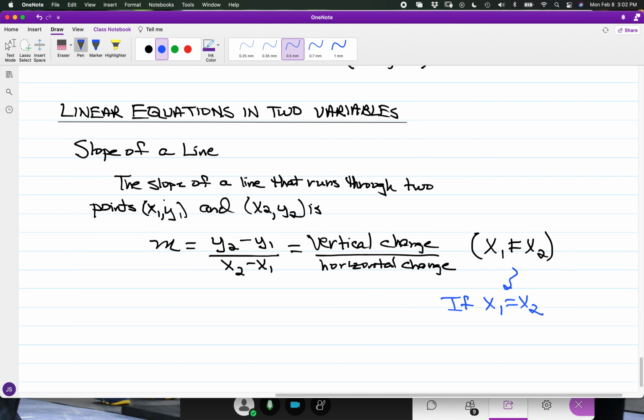So if x sub 1 and x sub 2 happen to be equal to each other, and I'm just going to use some arrows to show the domino effect, then x sub 2 minus x sub 1 would be equal to 0.